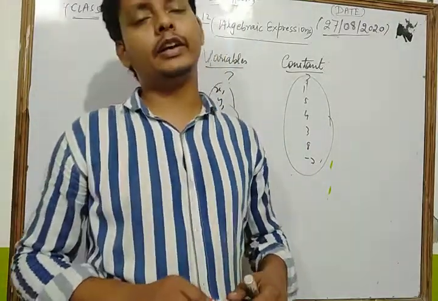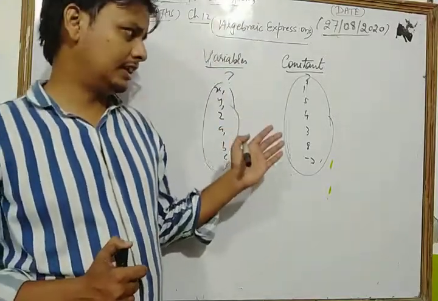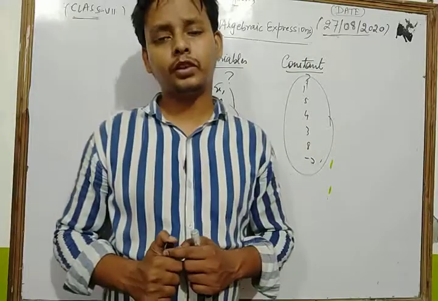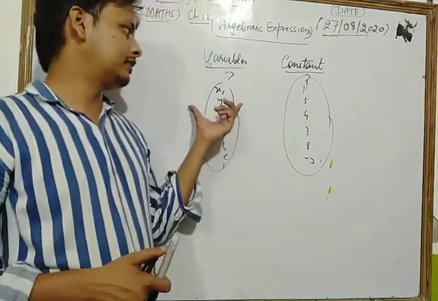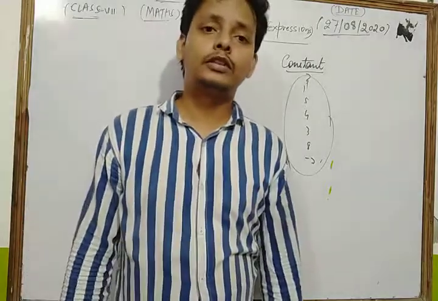A variable can take various values and a constant has a fixed value.